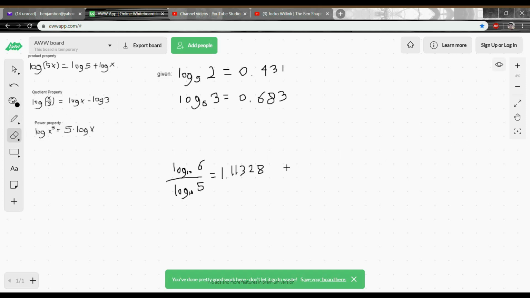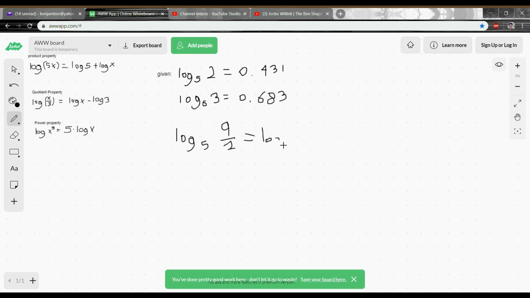Now let's do this again, this time using the same values, but let's say we had the log base 5 of 9 over 2. Well, we can evaluate this as well. But first we have to recognize that we can use the quotient property on this.